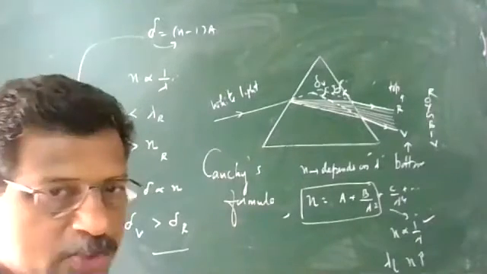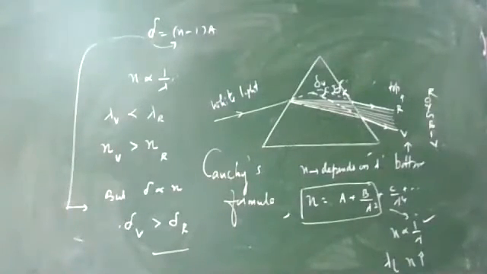So when white light passes through a prism, all the colors undergo deviation. That is why they split. Violet undergoes maximum deviation and comes to the bottom, and red undergoes least deviation and comes to the top.